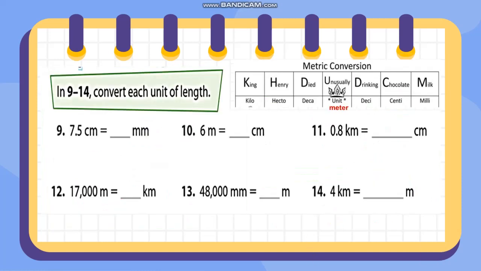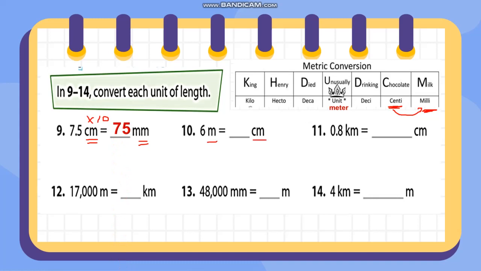Next, convert each unit of length. We have 7.5 from centimeter to millimeter. From bigger unit to smaller unit, only one movement, that is multiplied by 10. So 7.5 multiplied by 10 is equivalent to 75.